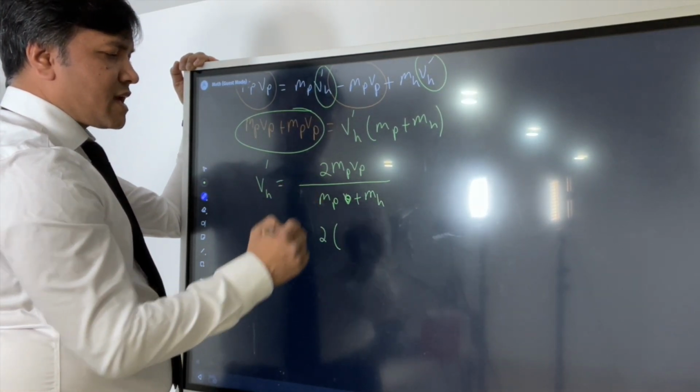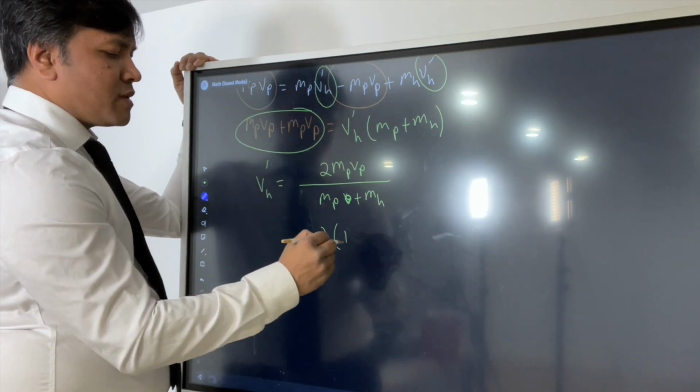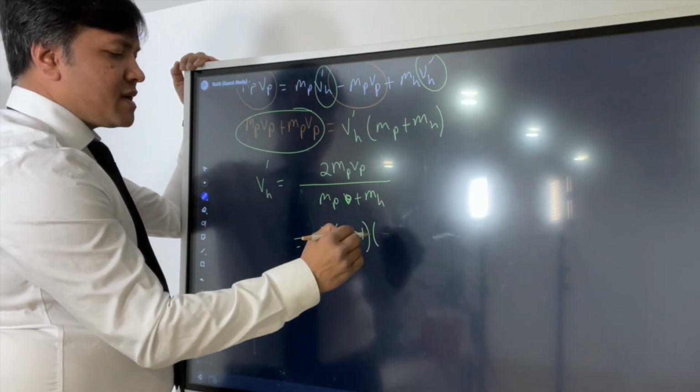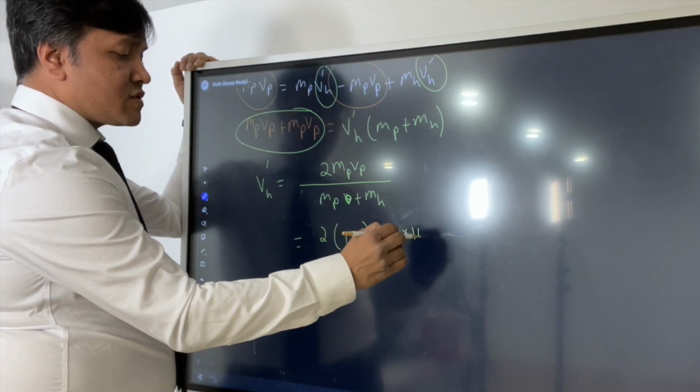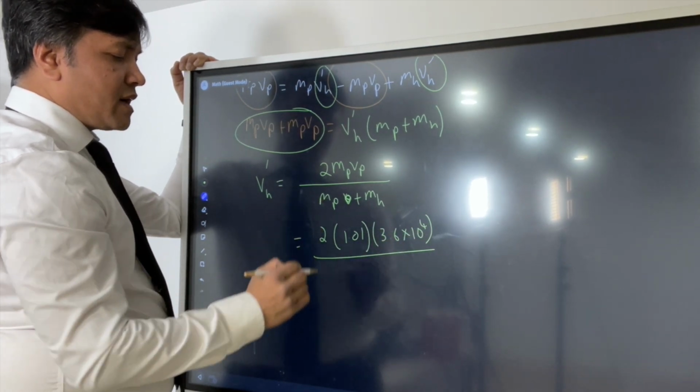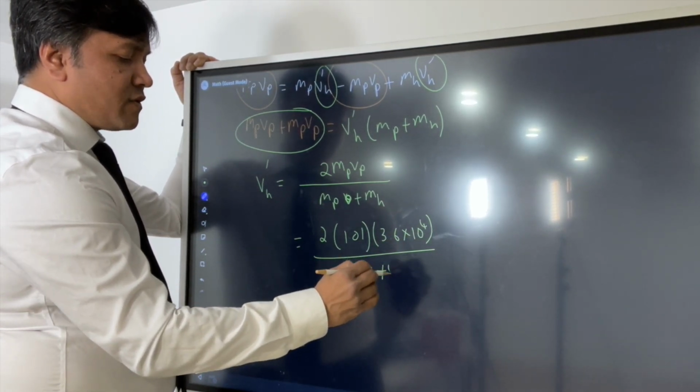2 times MP, which is 1.01, times VP, which is 3.6 times 10 raised to 4, divided by 1.01 plus 4.